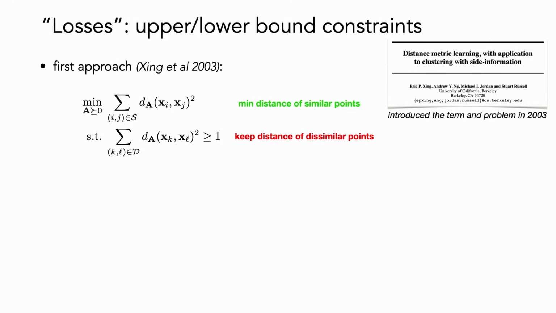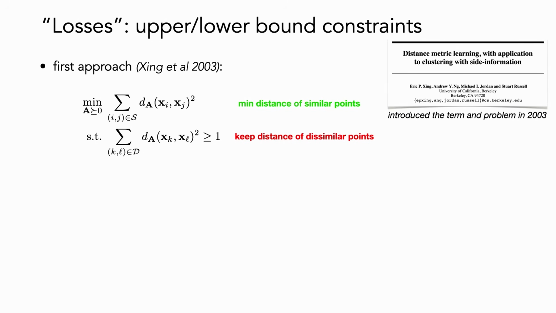So here, we can say we want to find positive semi-definite A such that we minimize the distance between similar points, those pairs that are known to be similar, while making sure that there is at least a distance of 1, or some epsilon, between dissimilar points. So you're bringing the things that are similar as close together as possible while enforcing that there is at least some margin around any point and any other point that is dissimilar to it.